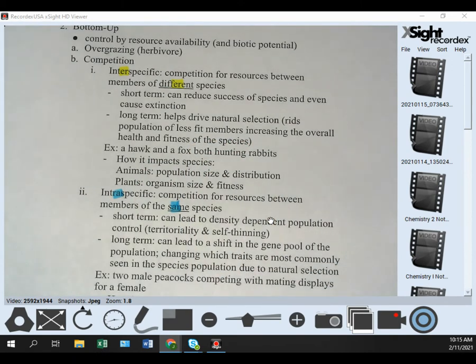So, over the long term, as long as the species survives the competition, the members of the species who are not as well equipped to survive and reproduce die out of the population, and the ones that are better equipped will be the ones that reproduce, and the overall health of the population of the species increases. Does that make sense? Questions on that?